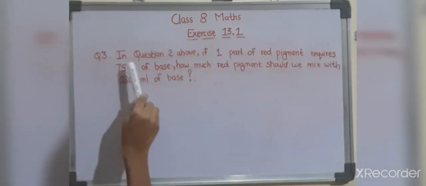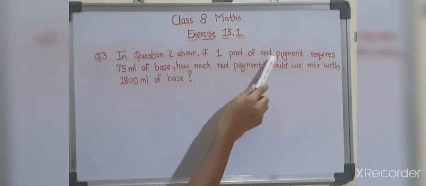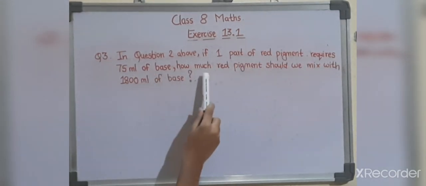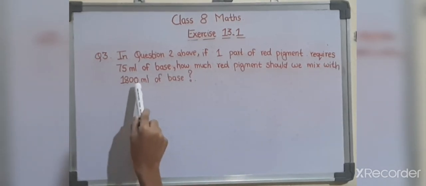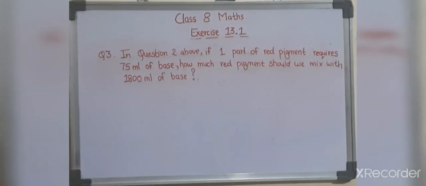Question number 3. In question number 2 above, if one part of red pigment requires 75 milliliter of base, how much red pigment should we mix with 1800 milliliters of base? So we will write it down in tabular form.